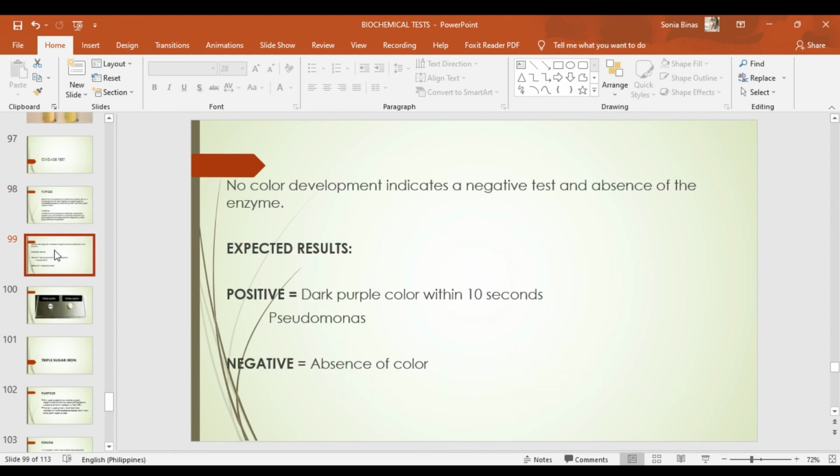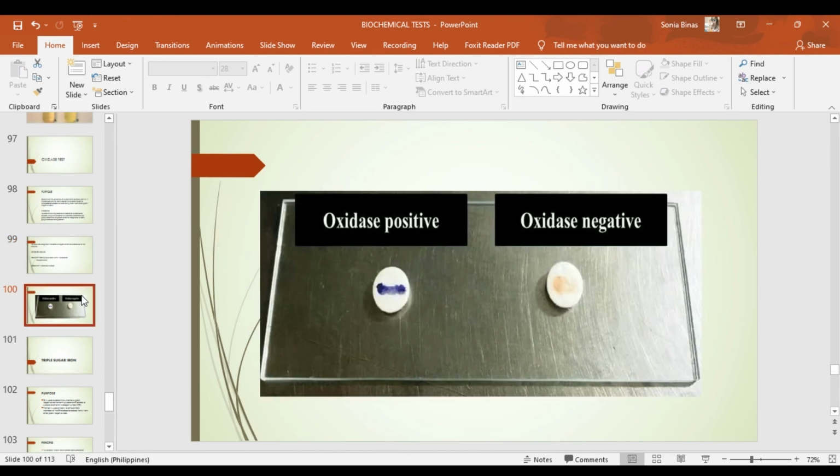So, no color development indicates a negative test and absence of the enzyme. The positive will produce a dark purple color within 10 seconds, and negative will remain colorless. So, ayan.